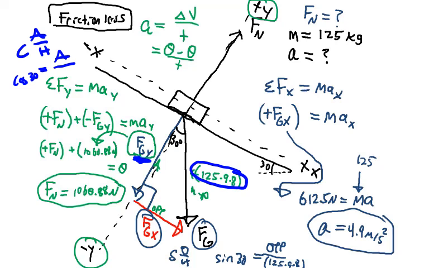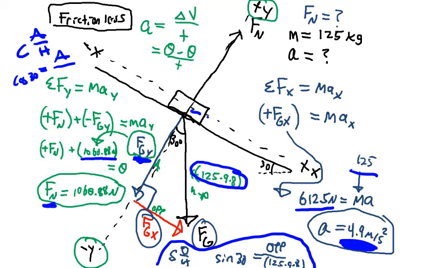And when we do that, we get 1060.88, and so that is the normal force. And then if we use sine, we can find the opposite side, and that gives us the value of 612.5 newtons, and we have the mass, so the acceleration in the x would be 4.9 meters per second squared, meaning that this is going to accelerate down at that rate.